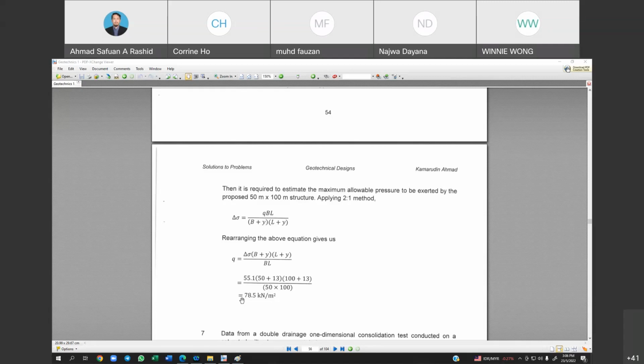If we have what we call an allowable settlement value, what will be the pressure from the structure which is required for the proposed allowable settlement? So actually you already understand the whole concept of consolidation or the settlement calculations.